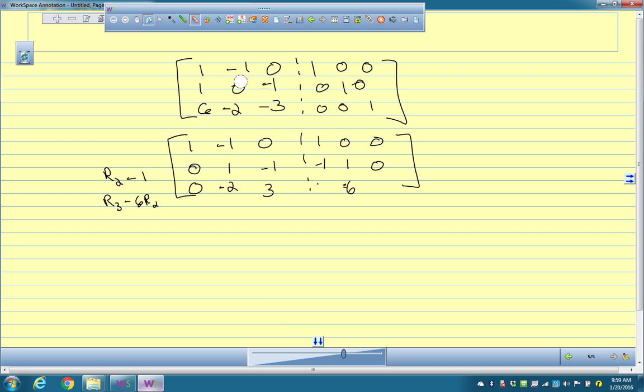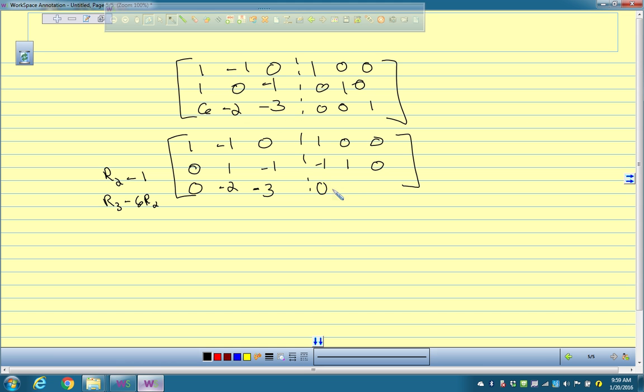So you have to look up here. Anyway, this is what I got. 0, and I get the right answer eventually. 6 times row 2. Negative 2, negative 2. Oh, I just left this alone first.